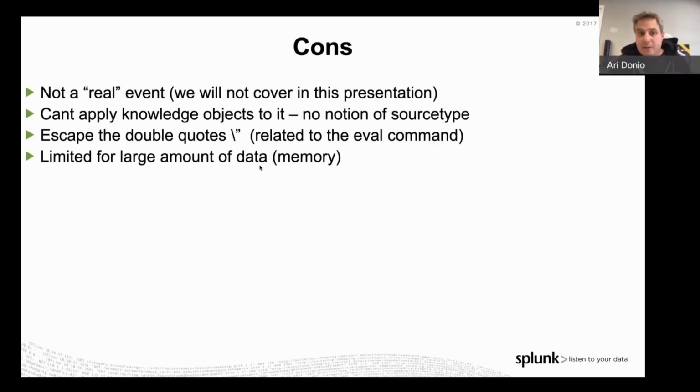Also, we have to escape double quotes, especially when we're using the eval command to generate fields and data. And there's a limit on memory, so depending on the memory is the amount of results that we can generate.